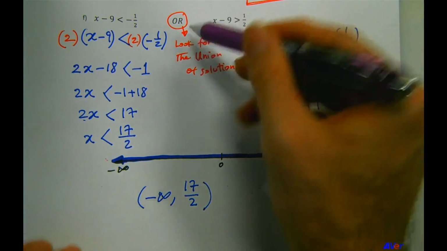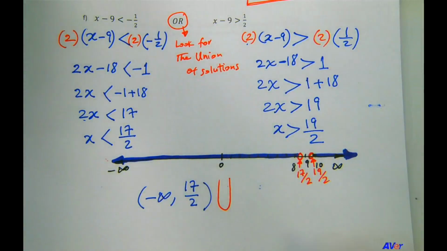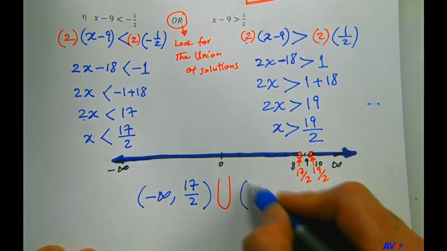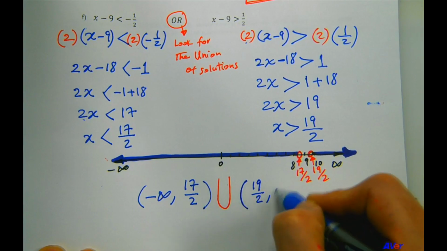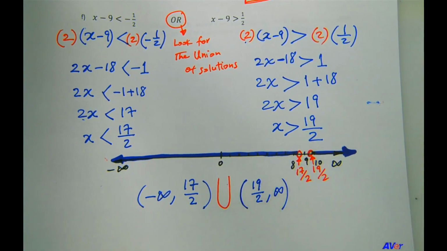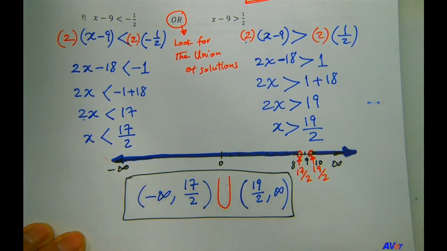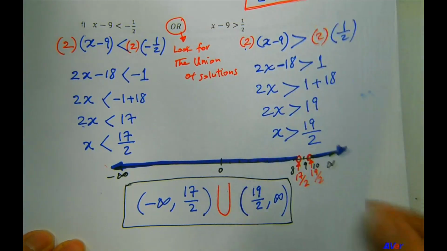This or translates into the union of the other piece, which would be parenthesis 19 over 2, parenthesis because 19 over 2 is not included, comma, infinity, all of that, right? Okay, so this is our final solution for this compound inequality. I hope this matches what you have on your own paper.